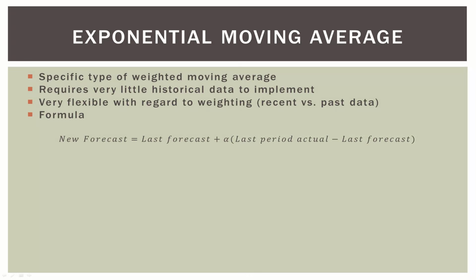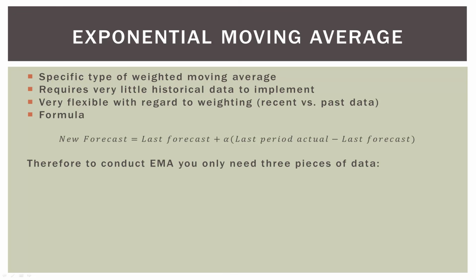So last year's enrollment minus last year's forecasted enrollment. Then we're going to multiply that by alpha, which is our smoothing constant, and we'll talk about that in a minute. Then we're going to take that and add it to last year's forecast. As you can see, the math involved is fairly simple. We just need a couple of bits of information and the constant we choose.